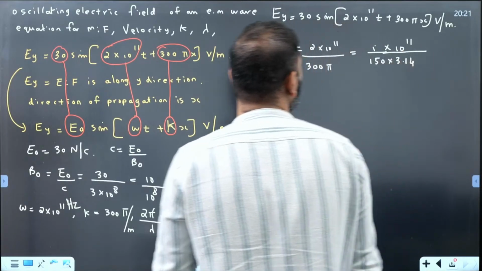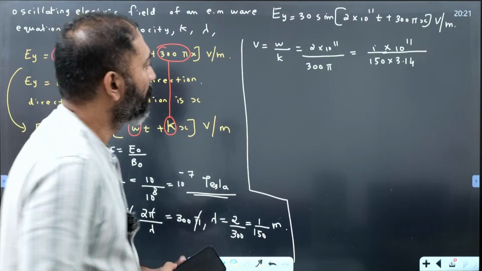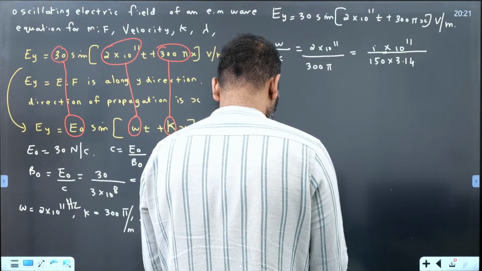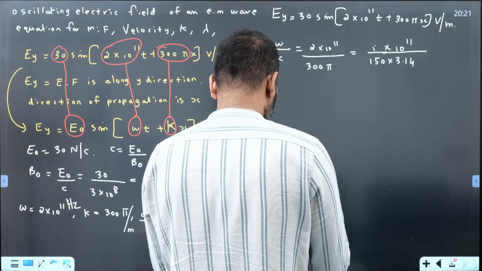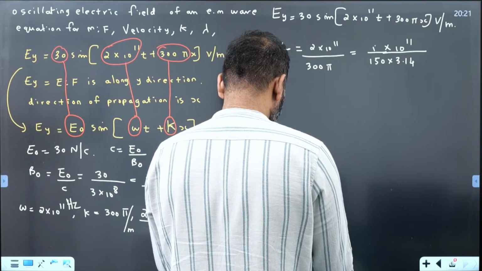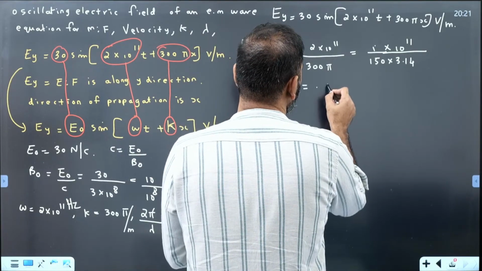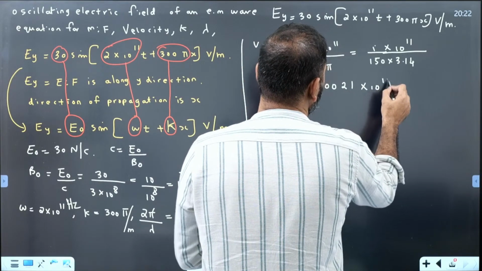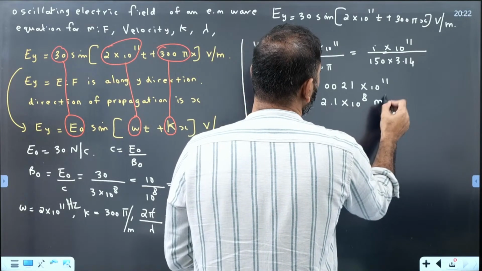One thing I know, this wave is not traveling through vacuum, because if you do the calculation, 1 divided by 150 divided by 3.14, the answer I got is 0.0021 into 10 raised to 11. That is 2.1 into 10 raised to 8 meter per second.